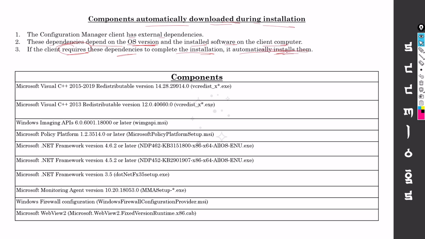No need to download and install manually. Even if we are using the manual installation, it will automatically install the required dependencies. So what are those components? Visual C++, the Windows Imaging APIs, Microsoft Policy Platform, .NET Framework, which is defined based on the versions, the Microsoft Monitoring Agent, Windows Firewall configuration, and the WebView2 runtime. Okay, WebView2 runtime. So these are the things which will automatically install if required.